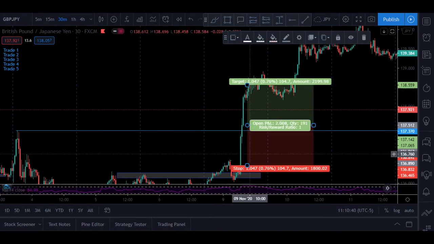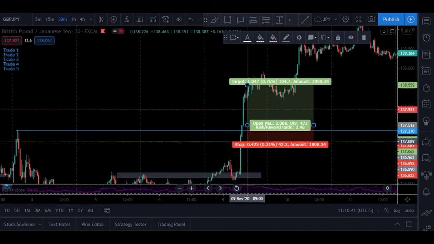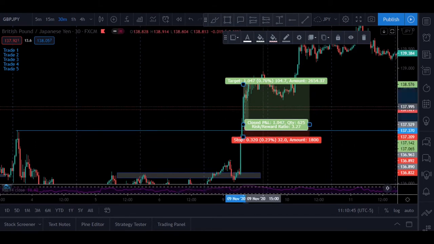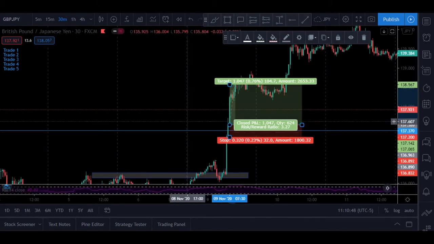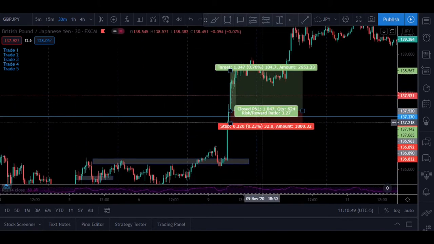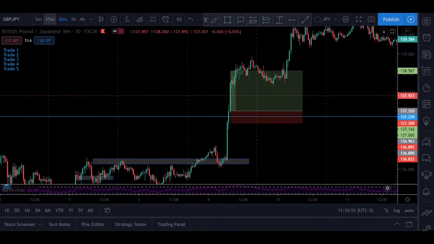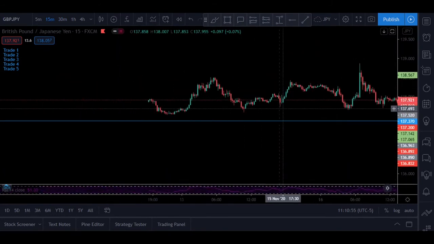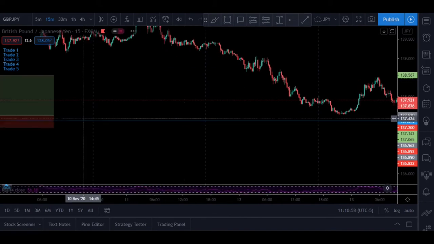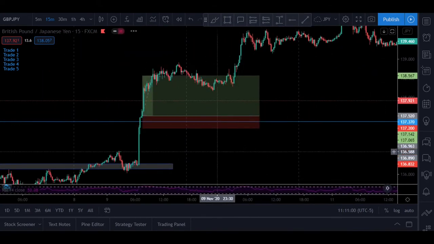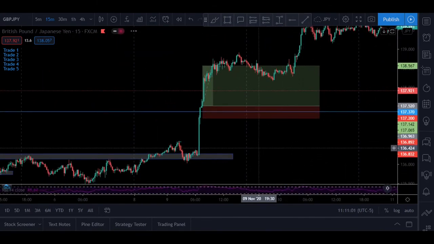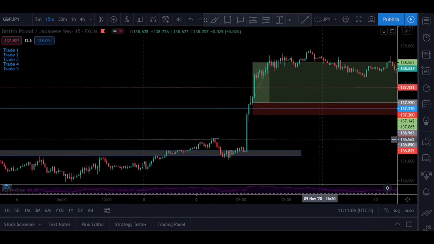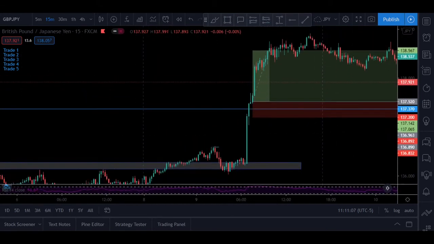It is a 30-minute candle, so it is pretty good confirmation. But since we're having huge volume, this candle is about 30 pips. So what you can do is go into the lower time frame. And on 15 minutes, you can find really good setups.